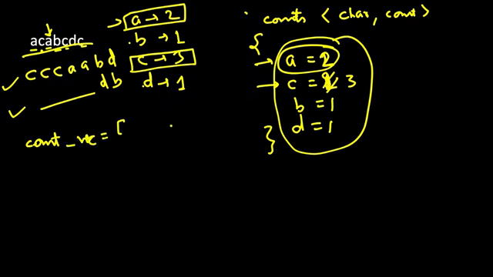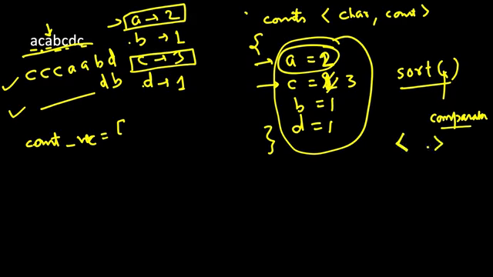In order to sort, the sort function takes a linear data structure like a vector or list, and it also needs a comparator. By default, it will be some inbuilt comparison like less than or greater than, where the values are directly comparable if you don't provide a comparator.